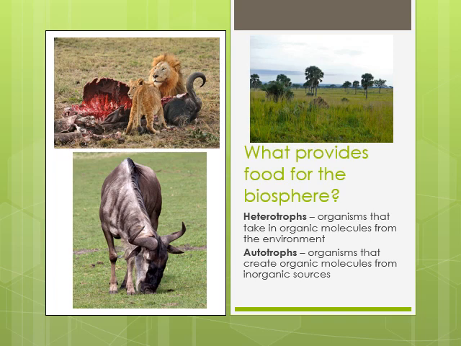The trickier one's this wildebeest. Is it a heterotroph or an autotroph? Shouldn't be tricky. It's a heterotroph because it's eating grass, which has organic molecules in it. So these heterotrophs and these autotrophs have a dynamic relationship. The heterotroph consumes the autotroph, which consumes inorganic molecules to create organic molecules.